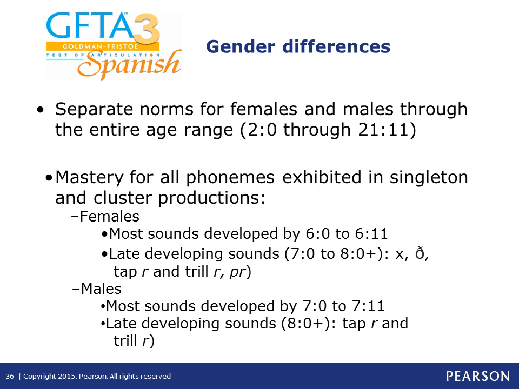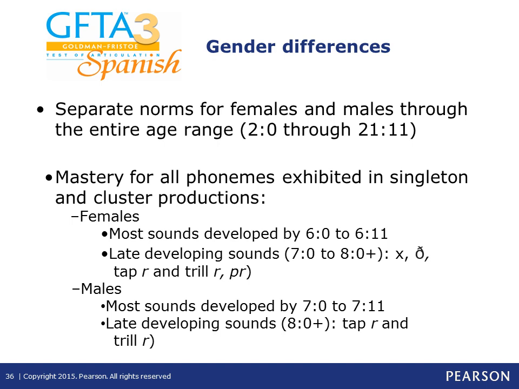For both tests, meaning the Sonidos en Palabras and Sonidos en Oraciones test, there are separate norms for females and males. In general, the emergence and mastery of consonants and consonant clusters is very similar in both genders, but it's not identical.